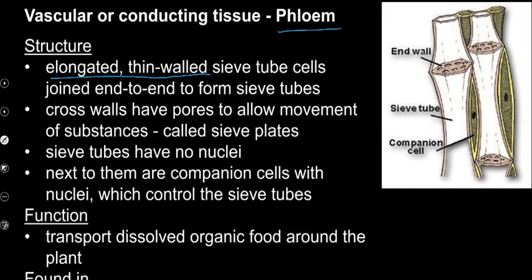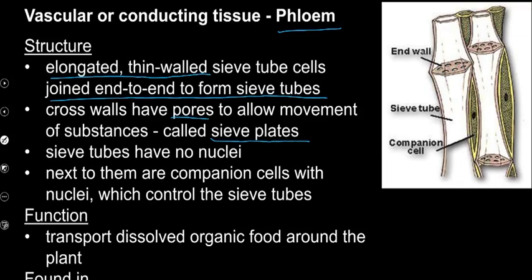And those are called sieve plates. So they are joined end to end to form long tubes called sieve tubes, and they have cross walls with pores, and those pores are called sieve plates. So that substances can move down through the sieve tubes and they can pass through those sieve plates.